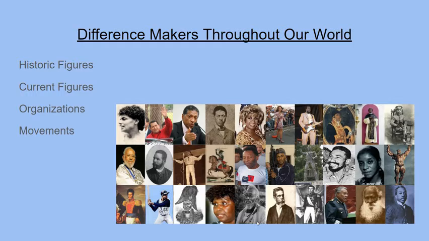People are part of movements, so there may not be one individual in that movement that has made a difference throughout our world. So you will get to choose. When we first started talking about research, you got a chance to research someone who's made a difference in our world. You can pull up that information and use that also as one of your items when it comes time to create.